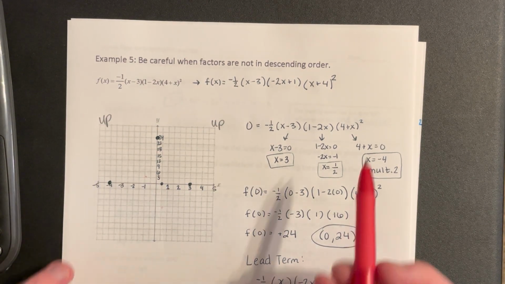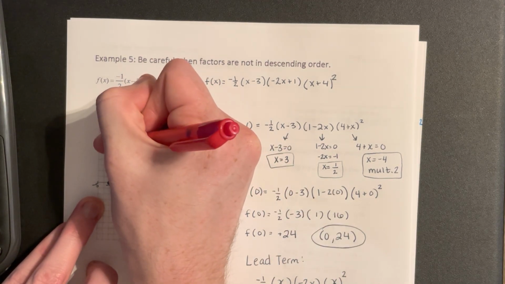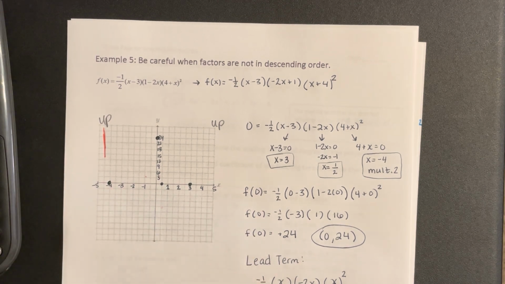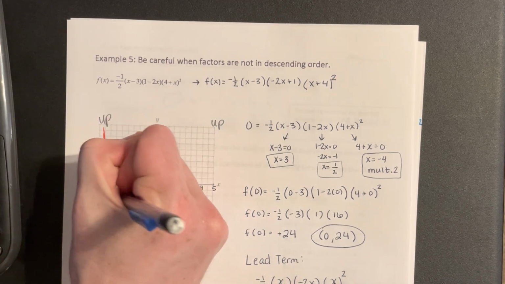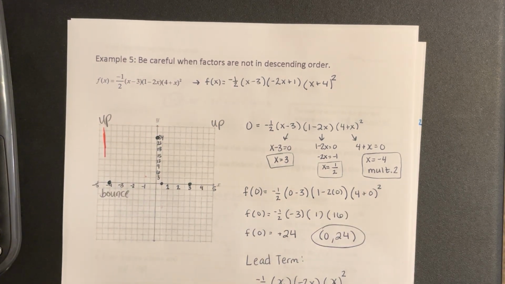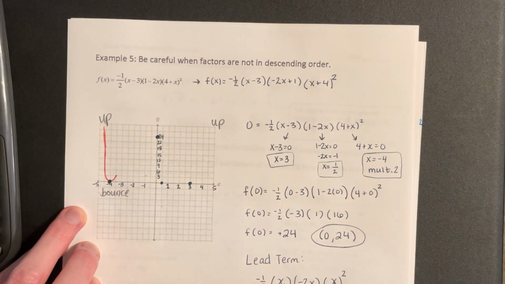Okay, we know it's up, up. We've done that part, so it's going to go down this way towards that -4. Once we get to -4, it should bounce off the axis. It's bouncing because it's a multiplicity of 2. Let's go down towards that -4, but bounce straight back up.